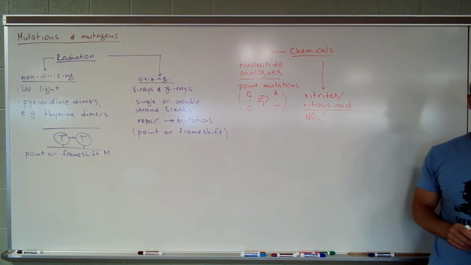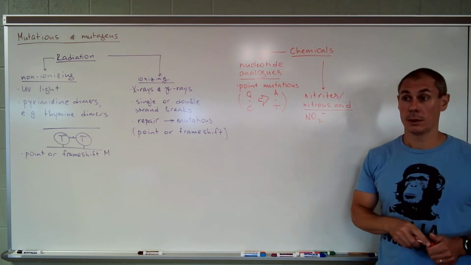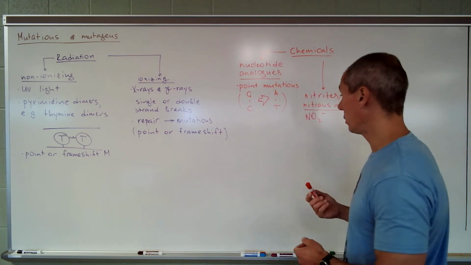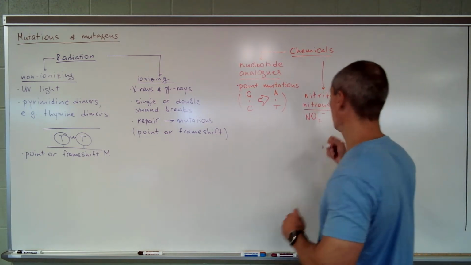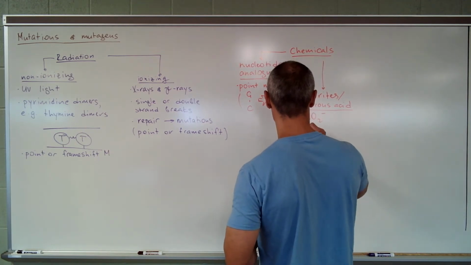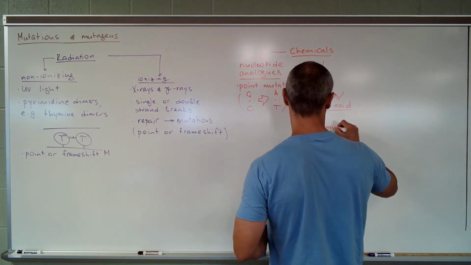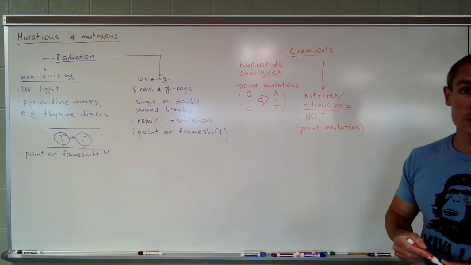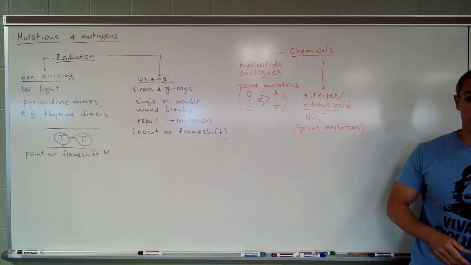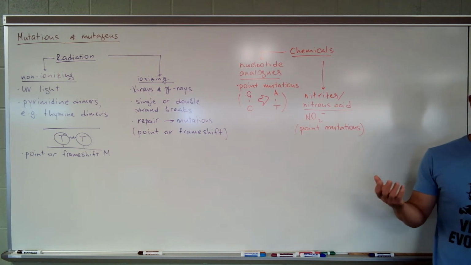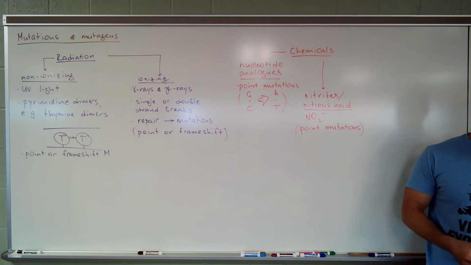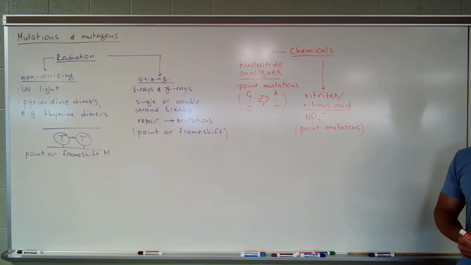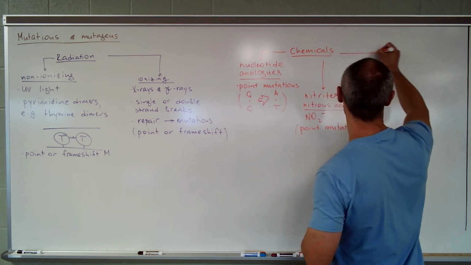Nitrites are used in the food production to preserve freshness and color of processed meats, but it turns out that nitrites can cause point mutations of the same sort. I mean they can preserve those meats from bacteria, but the problem is they also can affect human cells, and currently nitrites are being pushed out of the food industry because they can be potential carcinogens.